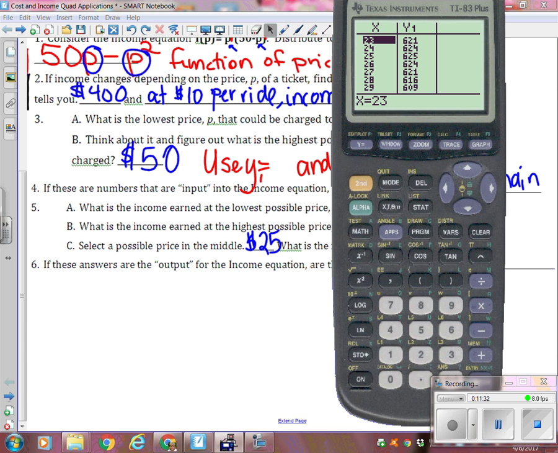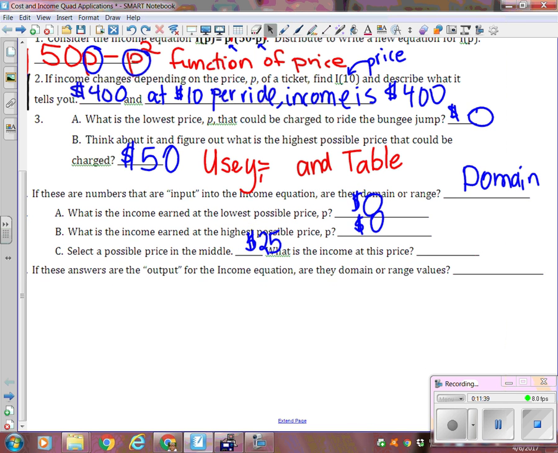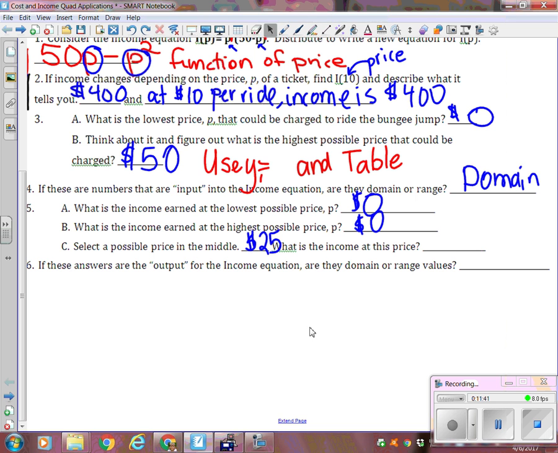Above 25 at $26, I'm making 624, but at $25, I'm making the most possible, $625. If these are the output answers, are they domain or range? Range.